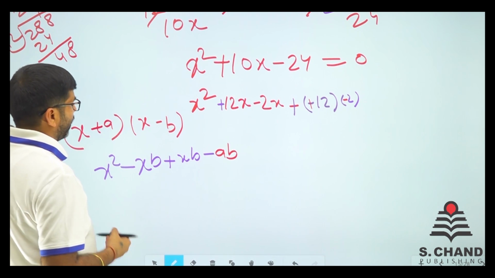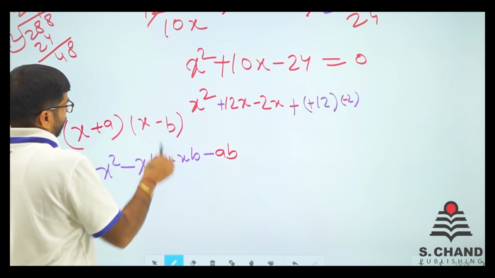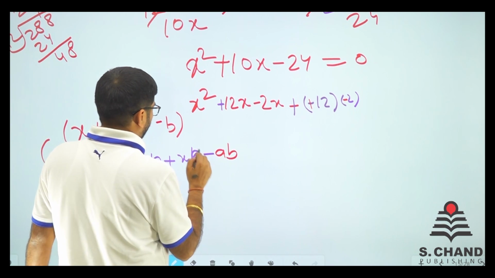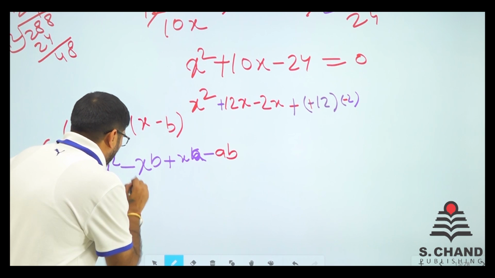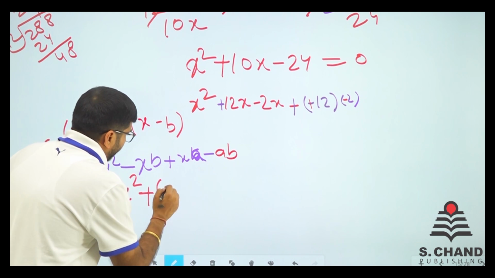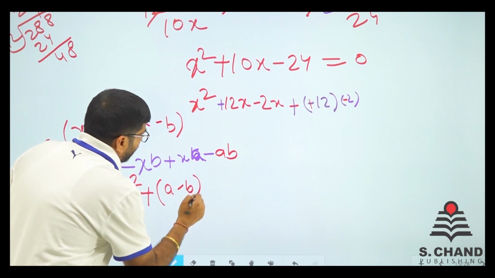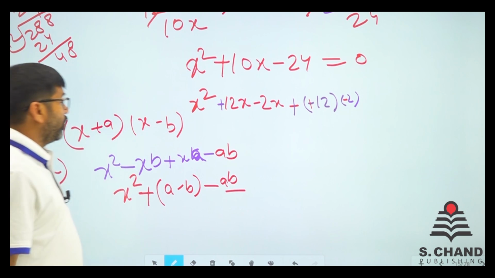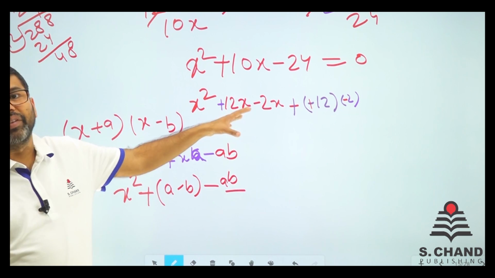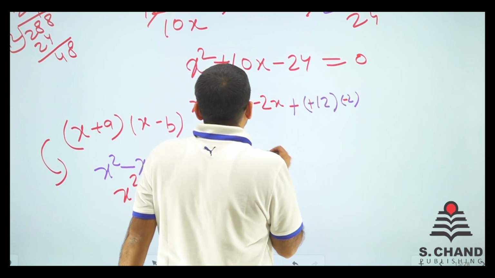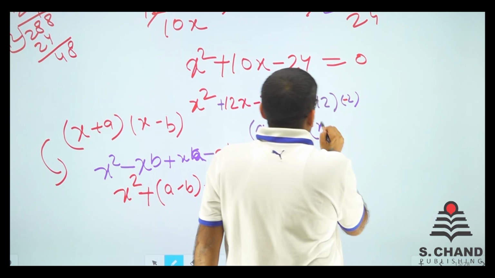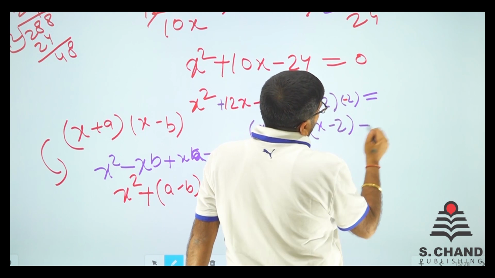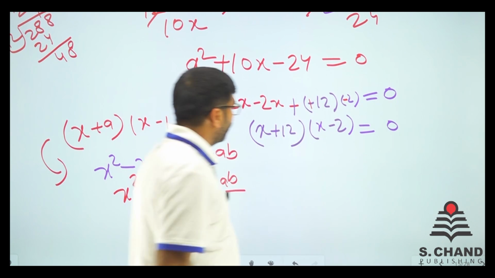So if you do like that, it will be x square plus (a minus b)x minus ab, right? So in the similar fashion, I have written this. So if I do like that, x plus 12, x minus 2, and that is equal to 0.